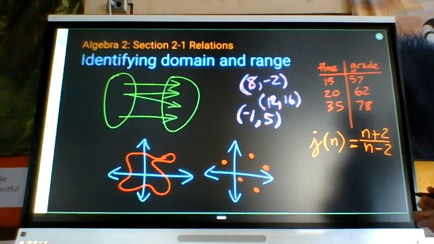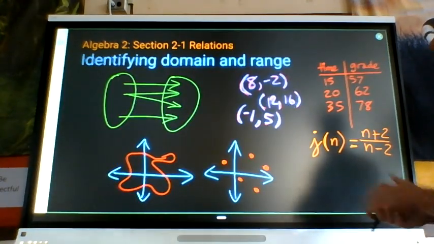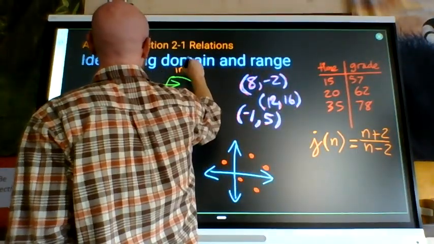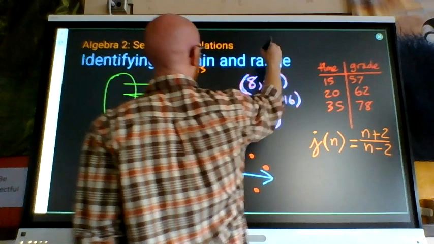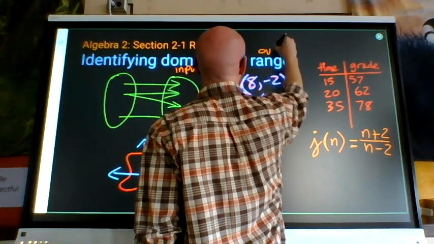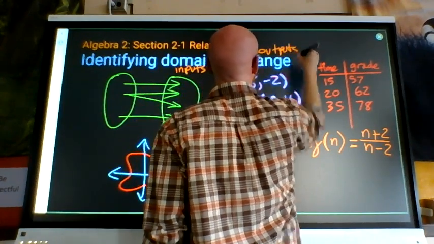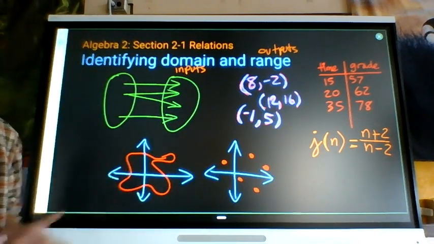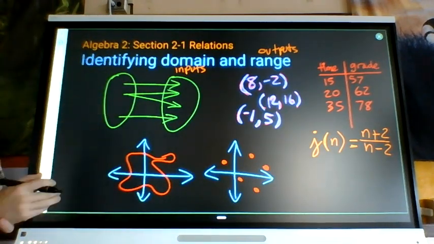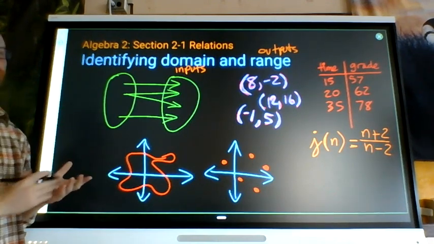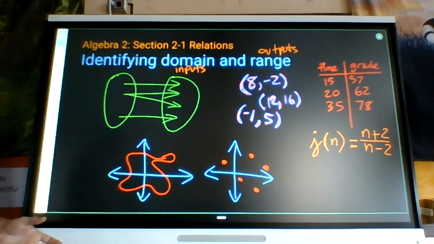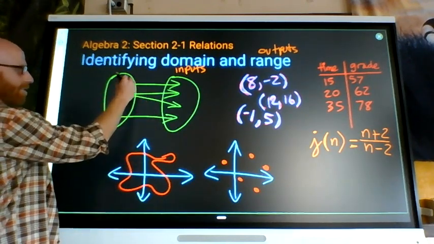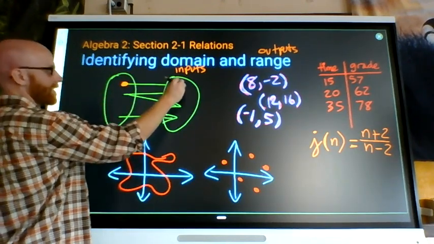And if I want to identify the inputs and outputs, the domain and the range, for a set, there are a couple of different ways, because there are so many different ways to represent a relation. In a mapping, it's very simple. The arrow goes from the input to the output.